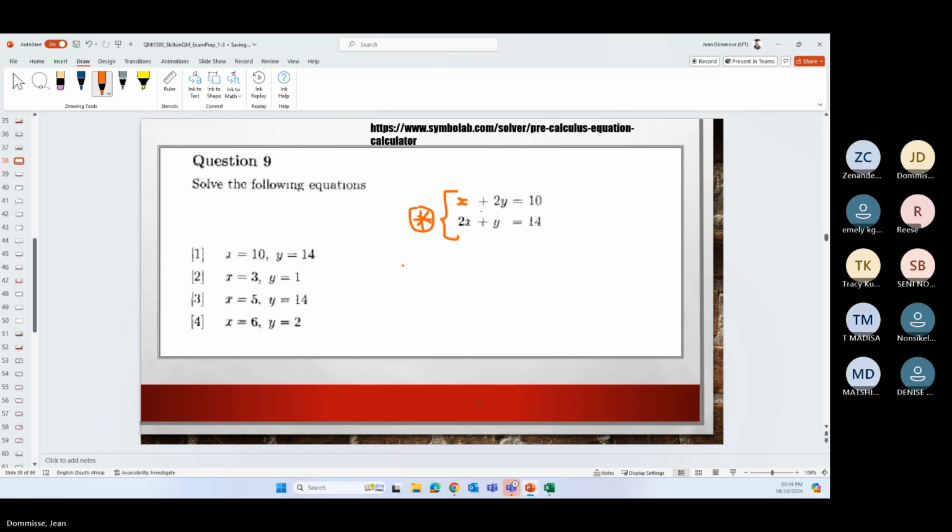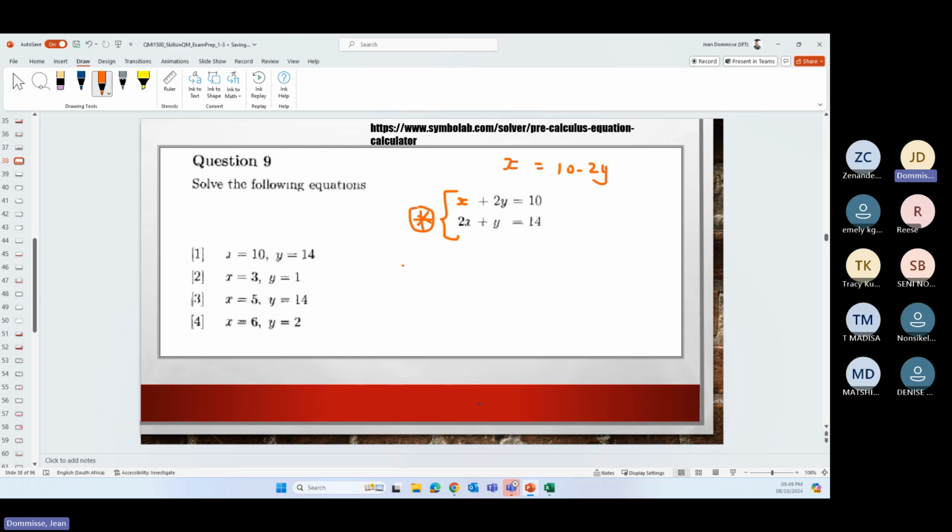If I want to substitute, I need to make one of them say x is the subject of a formula, and then make the other one that it is x is equal to. So this is one method of doing it. So x is equal to 10 minus 2y.